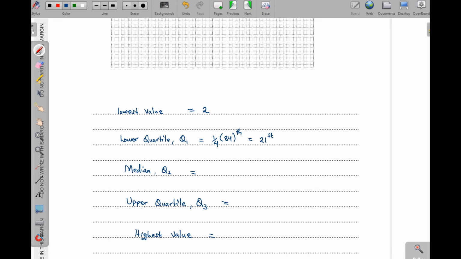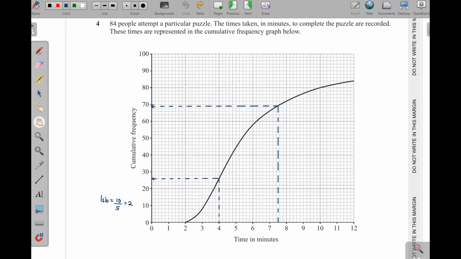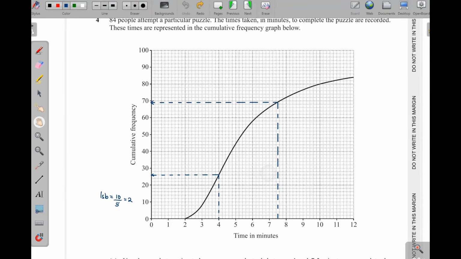So the 21st value. Then when we go to our graph here, we look for 21. So you come to this one here. 21 is going to be just here in the middle of this.